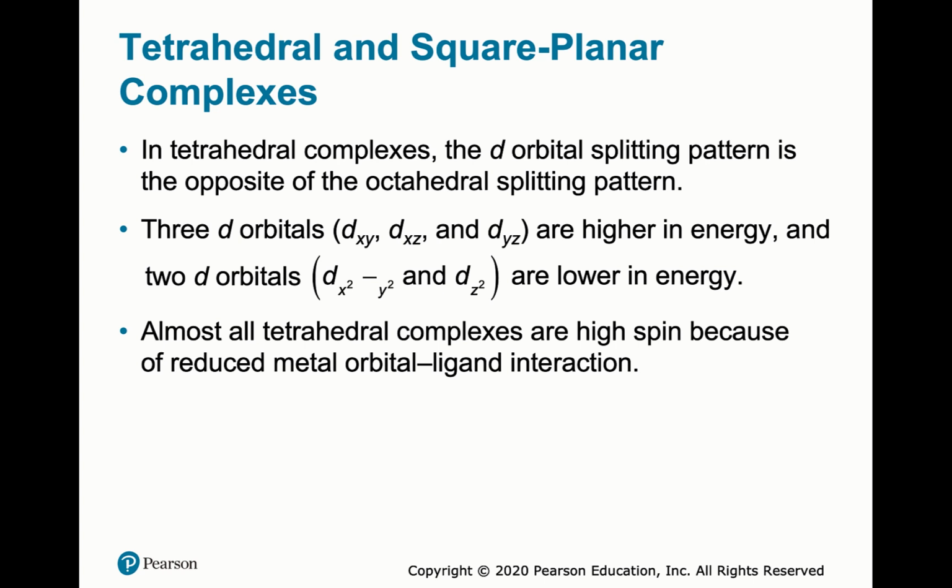And tetrahedral is similar to octahedral, but it causes the splitting to be bigger, and the orbitals outside the plane, like I talked about before, dxy, dxz, dyz, tend to be higher, and they tend to be high spin.